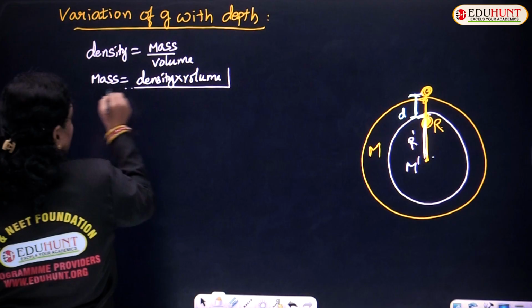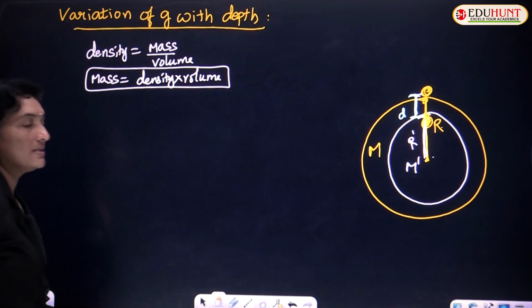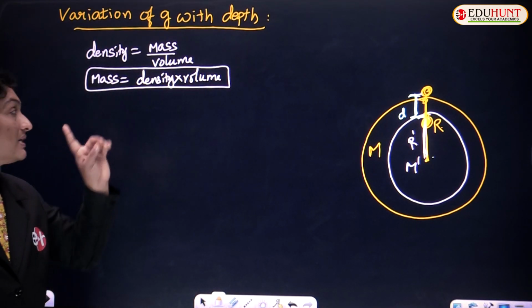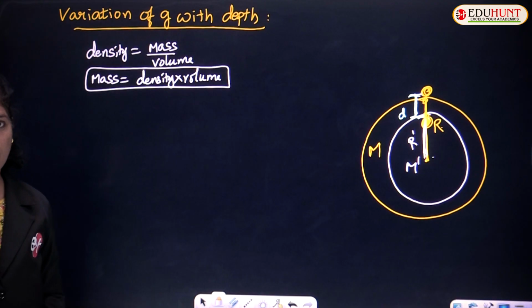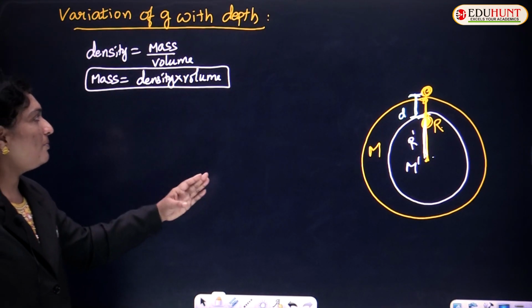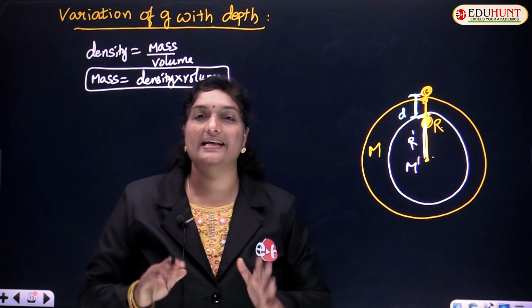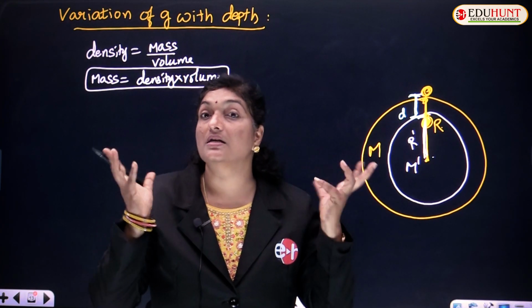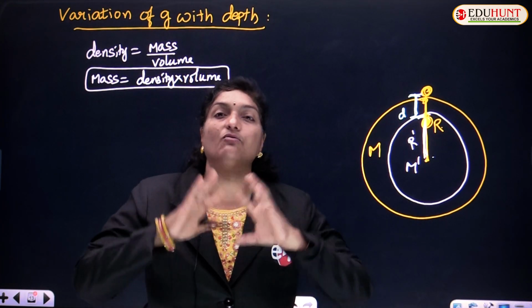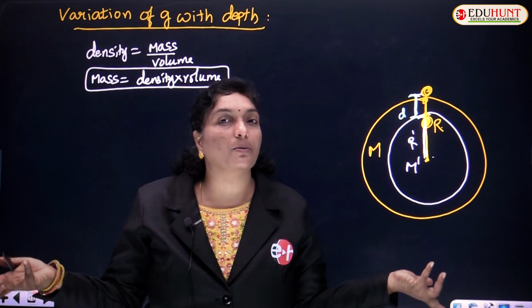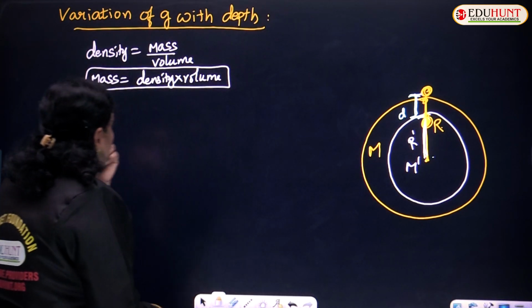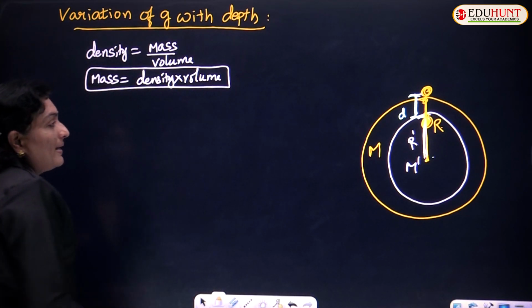Is that part clear? Mass equals density into volume. So always replace mass with density into volume. But volume of what? What is the shape of the earth? We have approximately taken the earth as spherical. So what is the volume of a sphere? The formula is 4 by 3 pi r cube.